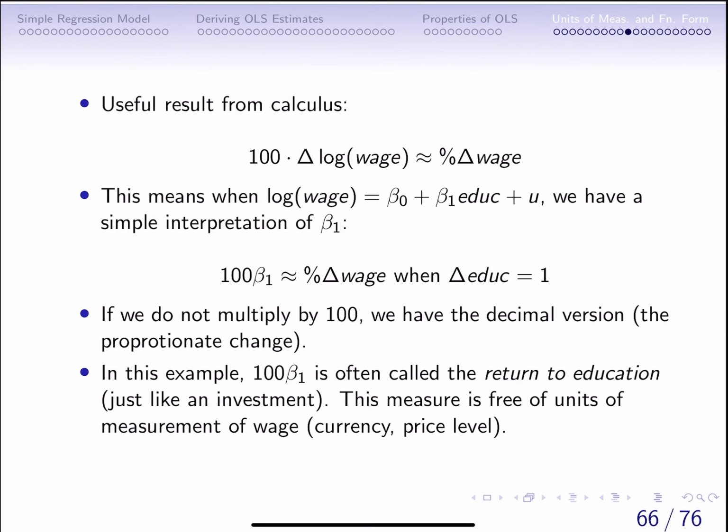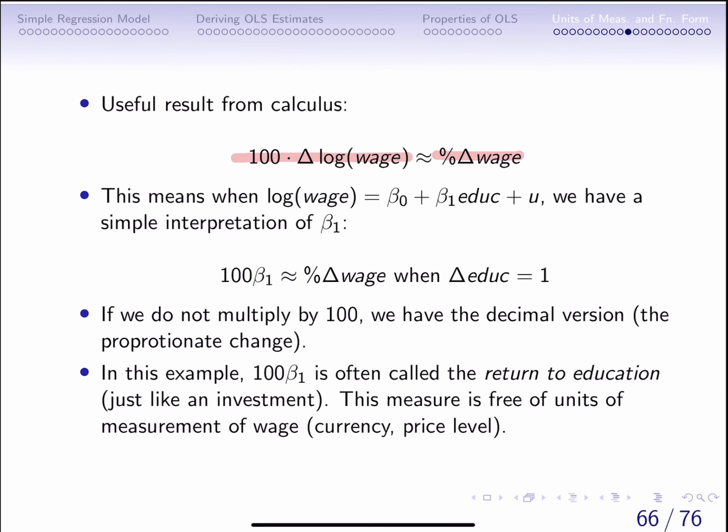And so we can use a result from calculus to interpret what beta 1 means when we estimate it. Recall that, when you learned about logs, there was a percentage change effect that logs can capture. If you multiply 100 by the changes in the log of a variable, that's approximately equal to the percentage change in the variable itself, okay?